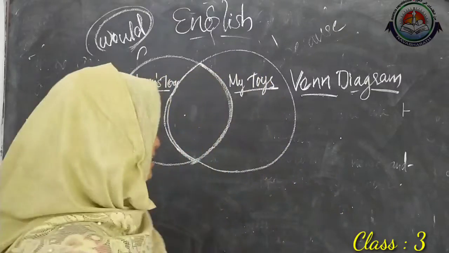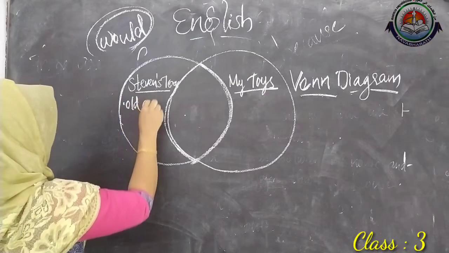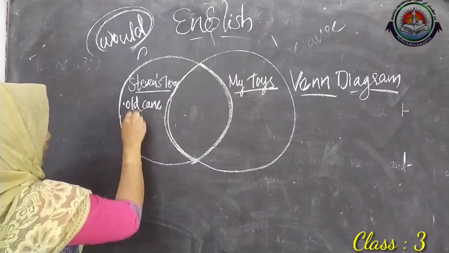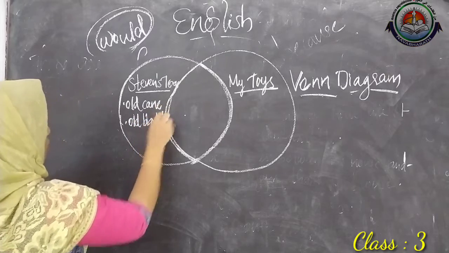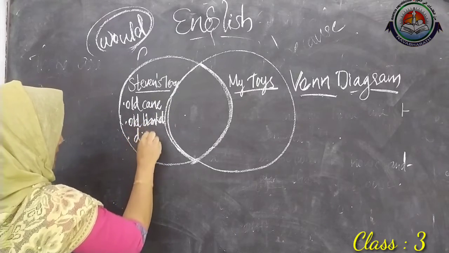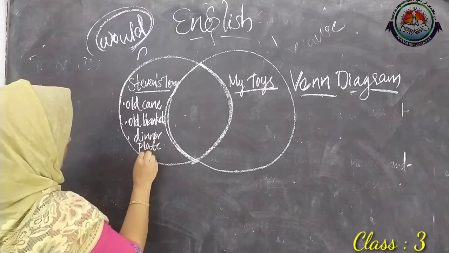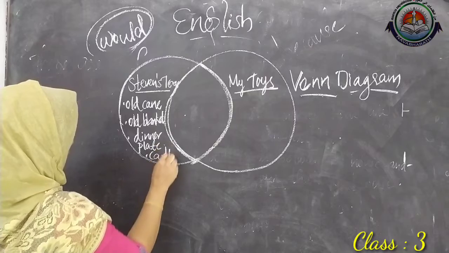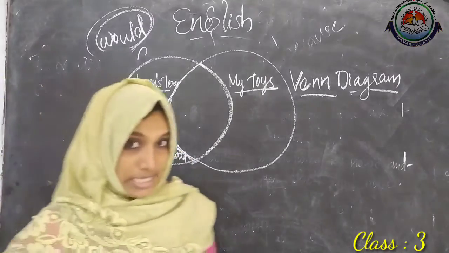So things like an old cave, an old blanket, an old dinner plate, and also the cardboard box. So these are the four things that Steven used to play in his house.